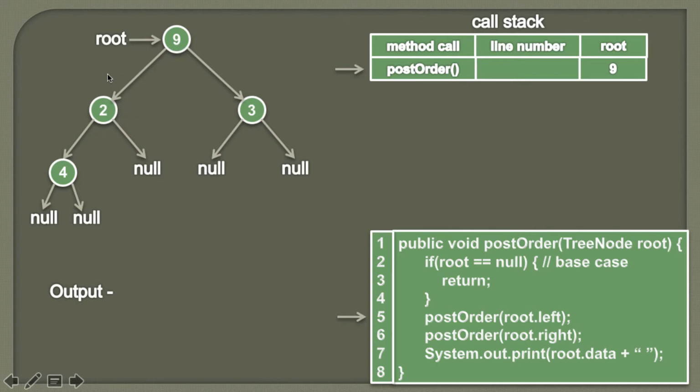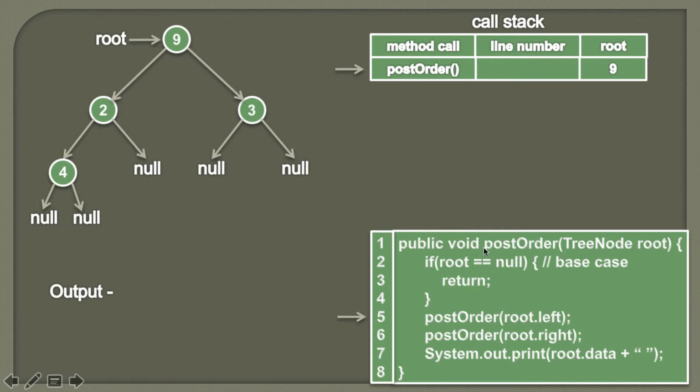So friends, as we discussed in our previous slide, in order to visit a particular node, we have to first visit its left subtree completely, then we have to visit its right subtree completely, and then we can visit the node. So therefore, before visiting the node 9, we have to first visit its left subtree completely. So we are again calling the post-order method, and we are passing root.left to it, which is nothing but the node 2.